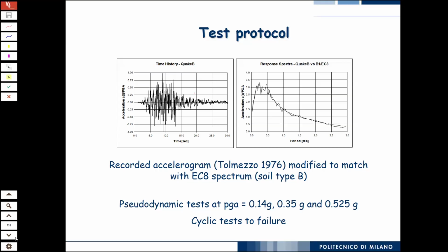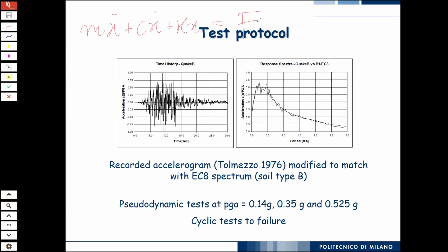Actually, they are based on the equation of motion, which is like this: m times the acceleration x double dot plus the damping coefficient c times x dot plus the elastic response equal to f.